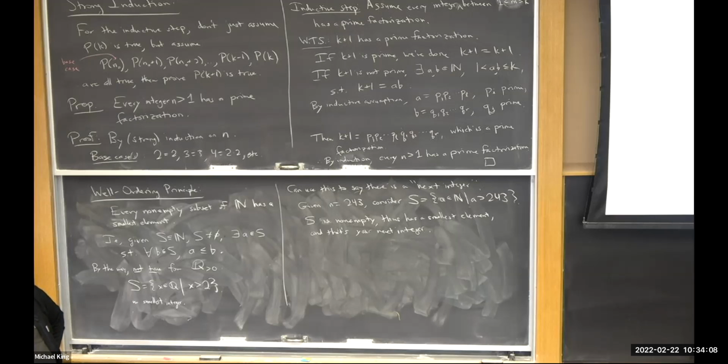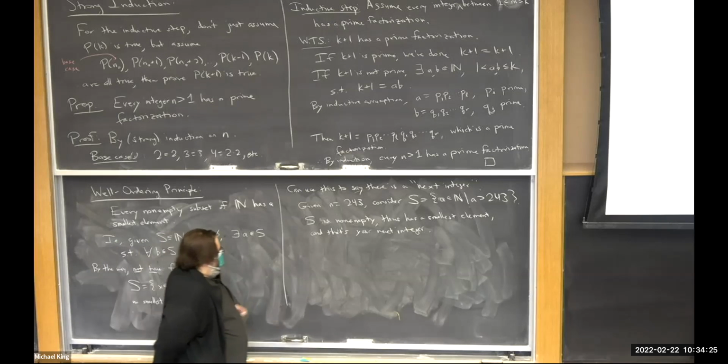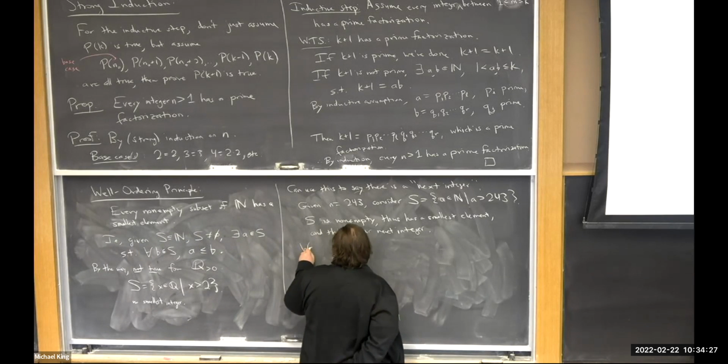It's kind of strange to think about. We have so much experience with the integers that it's hard to take a step back and think about it this way. But right, so I guess the question is why? We know it's 243 plus 1, but why?